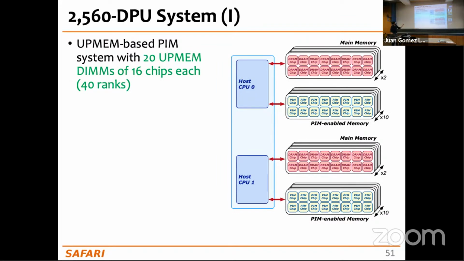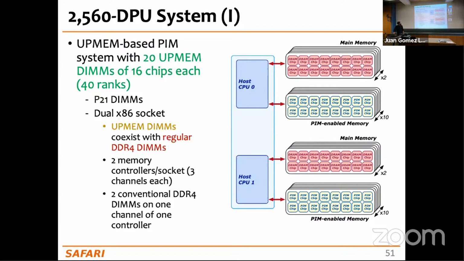And this is one of the UPMEM-based PIM systems that we have used in our study. It's composed of 20 UPMEM DIMMs, so in total 40 ranks, and you can see it's a dual socket CPU, and each of the CPUs has access to its own main memory and PIM-enabled memory.